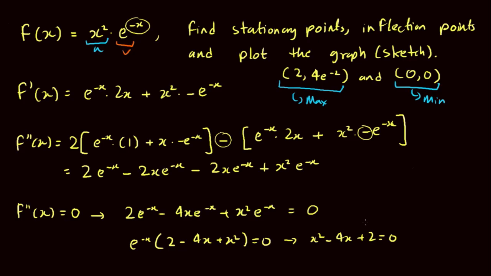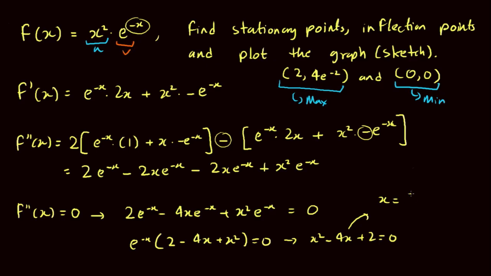So in this case, what will be our x? Let's have a look first. Equation of function, polynomial, degree 2, coefficients 1, negative 4, and 2. So we actually have, interestingly, 2 inflection points.